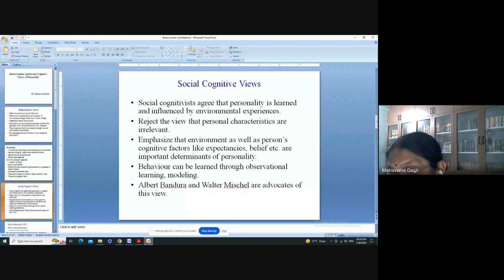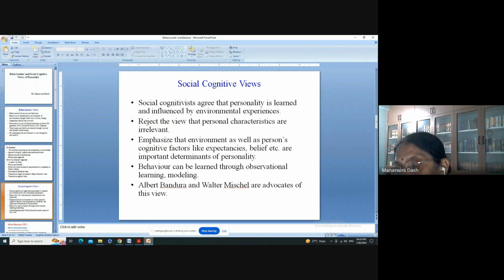So those behaviorists who believe in the role of learning and reinforcement, as well as recognize the importance of individuals' characteristics, are called social cognitive learning theorists, or social cognitive theorists.